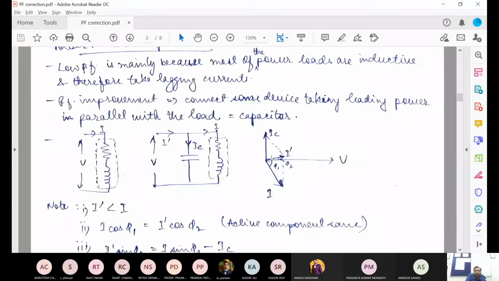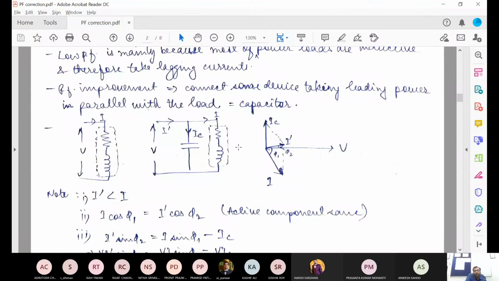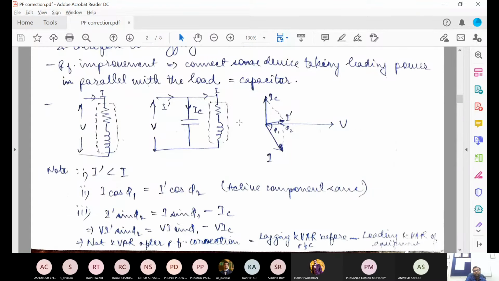That is the basic fundamental principle. Also, as you can see in this figure, when you added this capacitor drawing current IC, the new current I dash is actually less than I in magnitude as well. So the current capacity needed is also reduced.